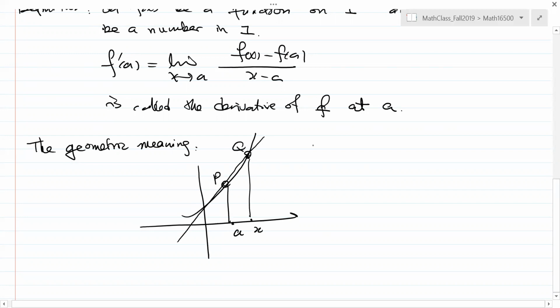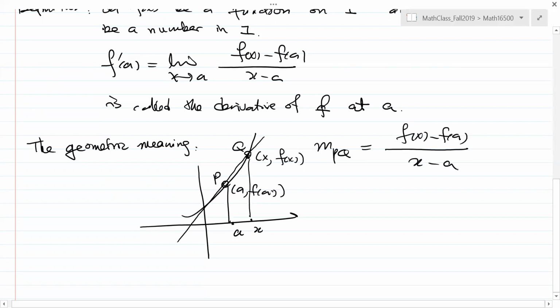So the slope of the secant line, if you want to express it, is the difference of the y coordinates over the difference of the x coordinates. If the x coordinate is x, then the y coordinate would be f of x, and that's a and f of a. So this quotient is just the slope of the secant line.